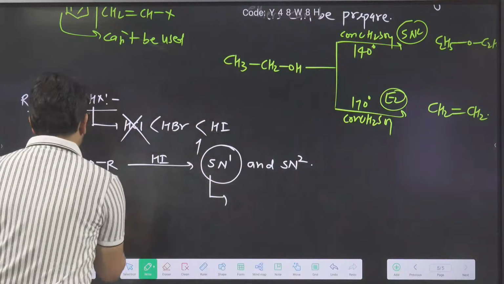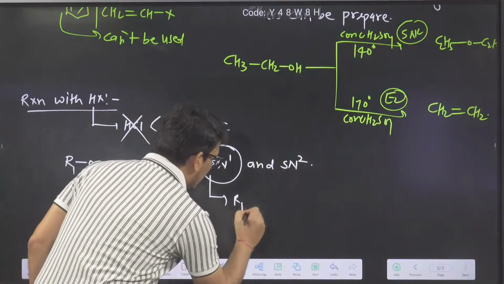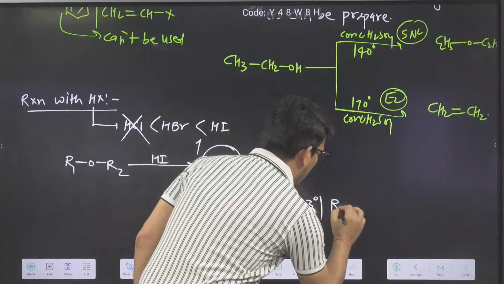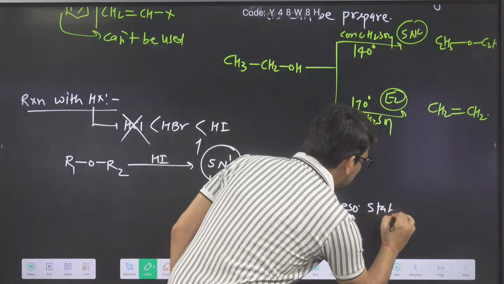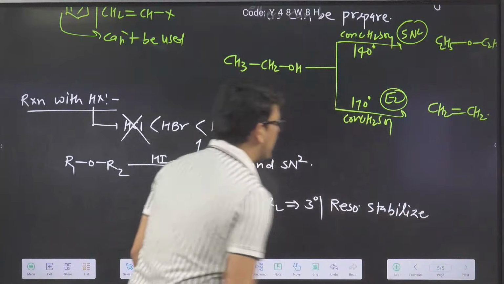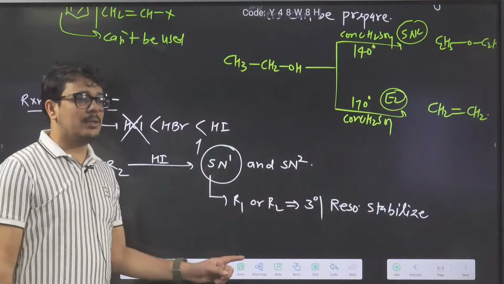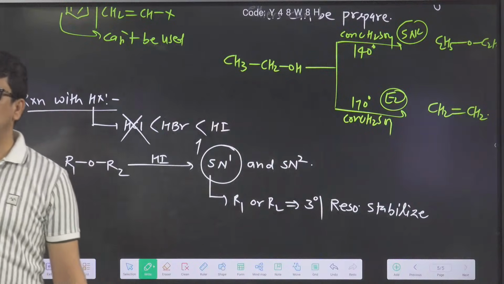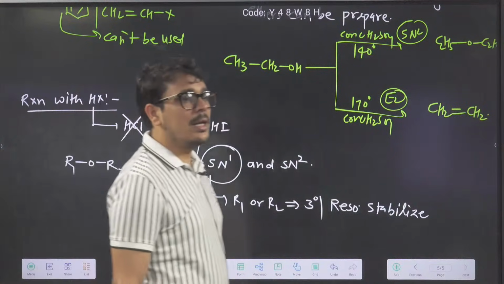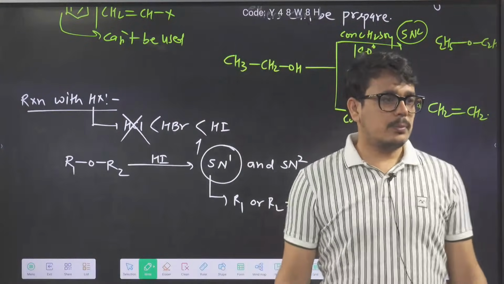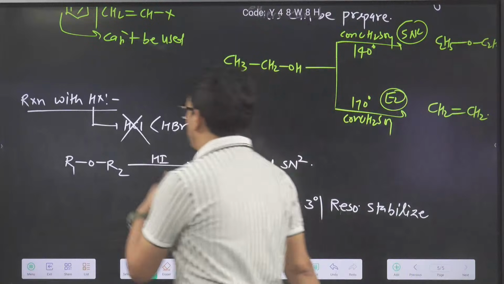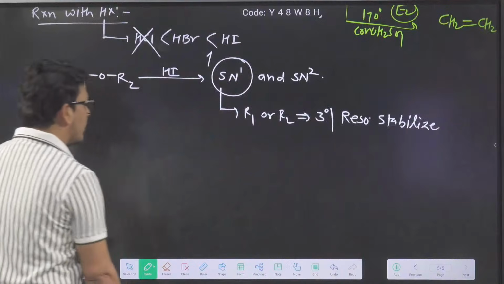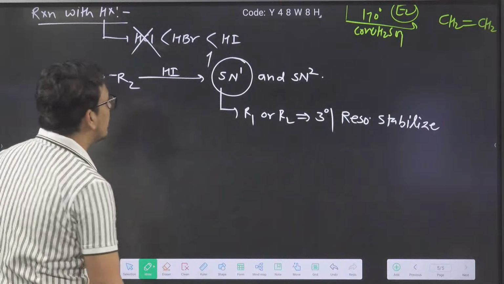If R, R1 or R2, any one of them is 3 degree or resonance stabilized, then the mode of the reaction will be SN1. Otherwise, in general, this will be SN2.